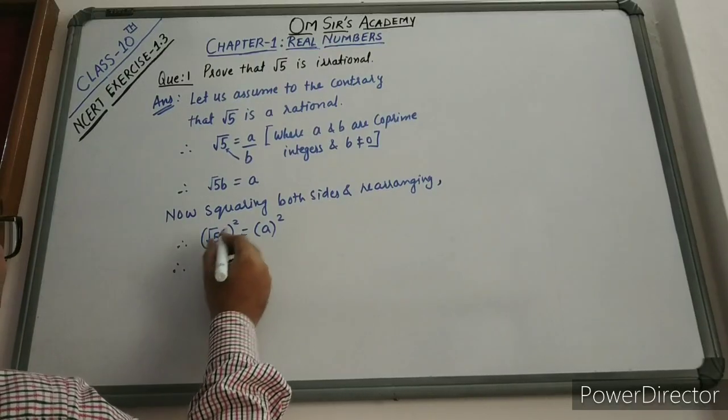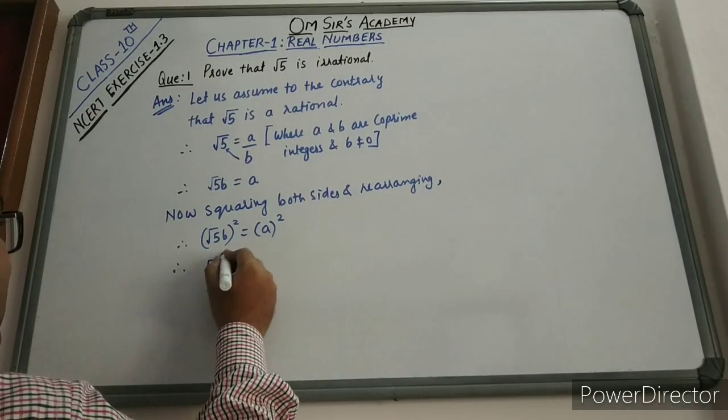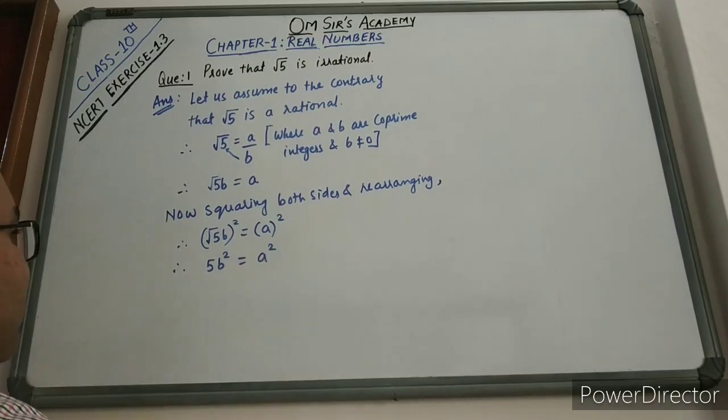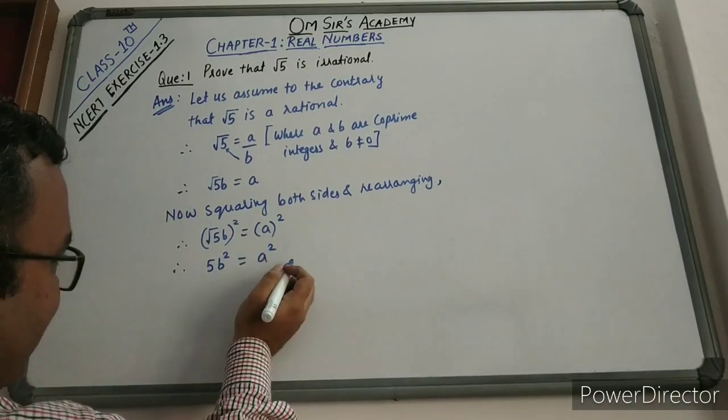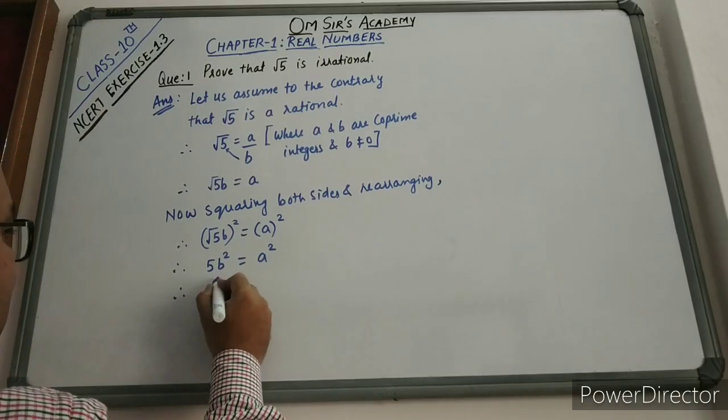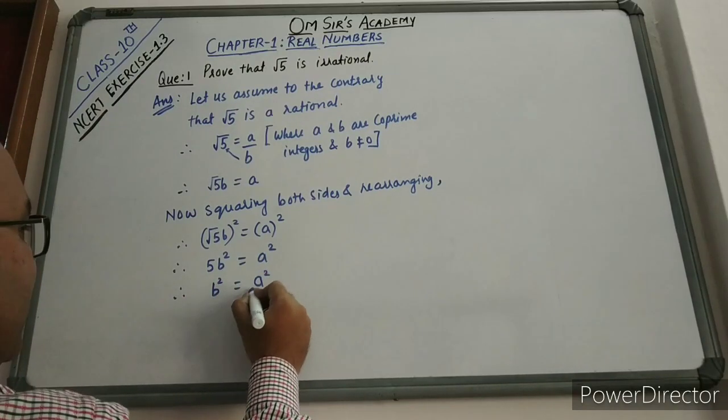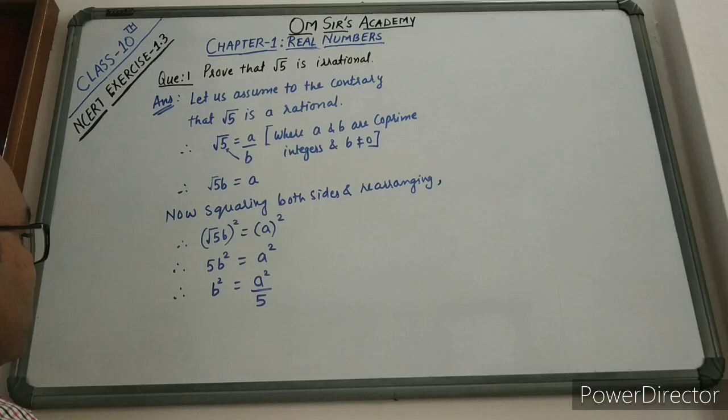So root 5 square is 5, 5b square is equal to a square. Now this 5 is multiplied, if I take to the next side, it will get divided. So b square equals to a square divided by 5.